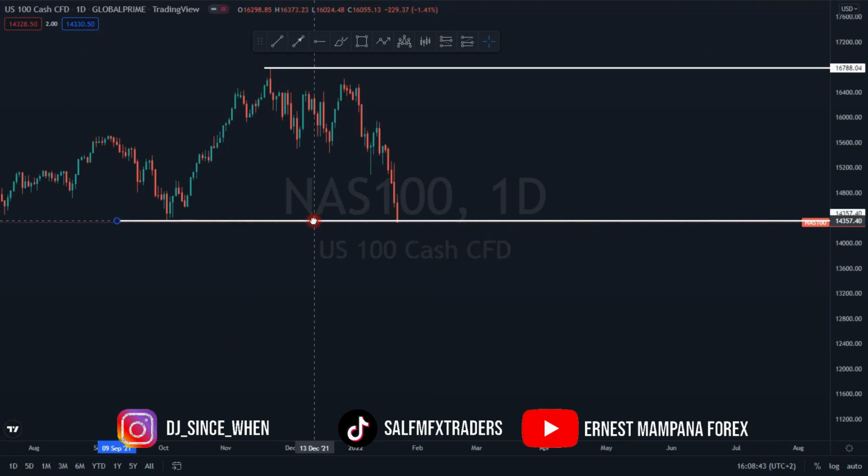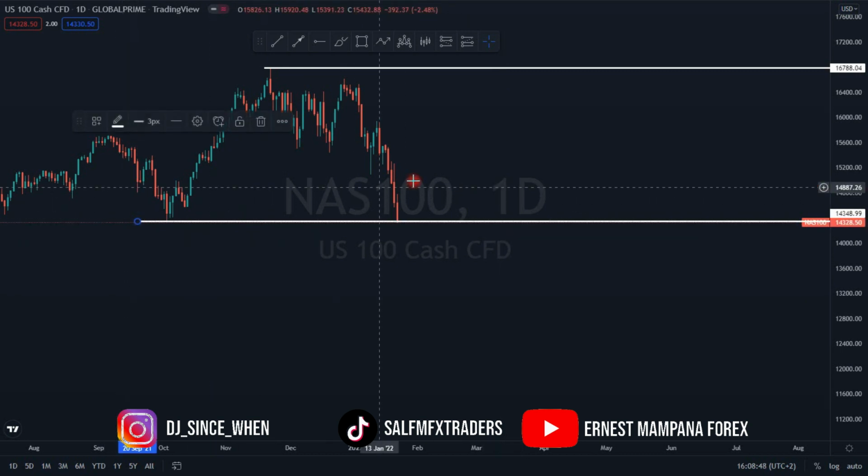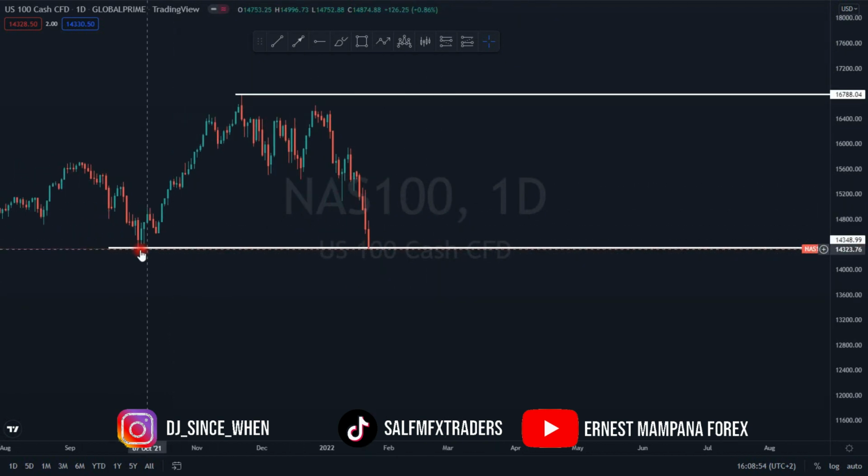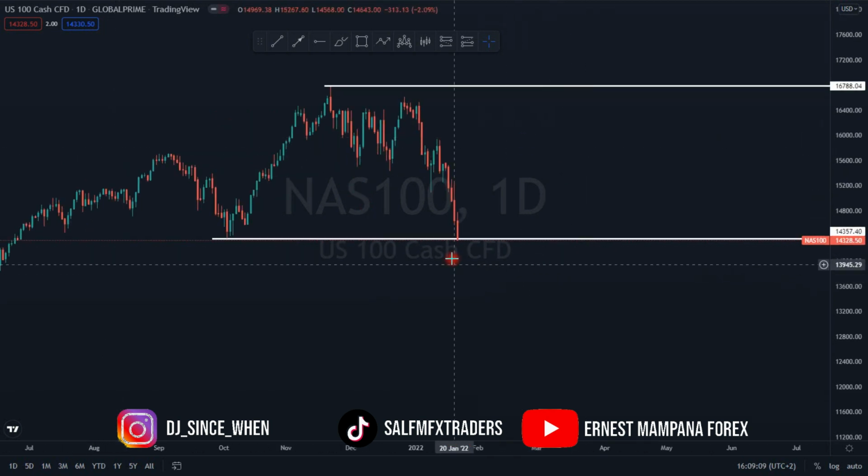So already I would start with my lowest point and my highest points in the market. We can see already that the market has approached this lowest point right here, and in a very impulsive manner. So we might expect to see the market shooting down again.